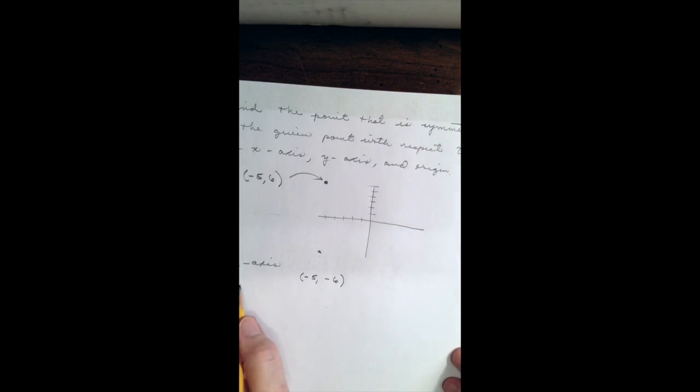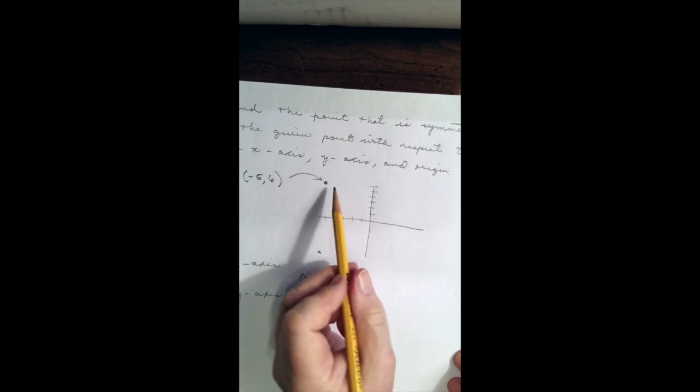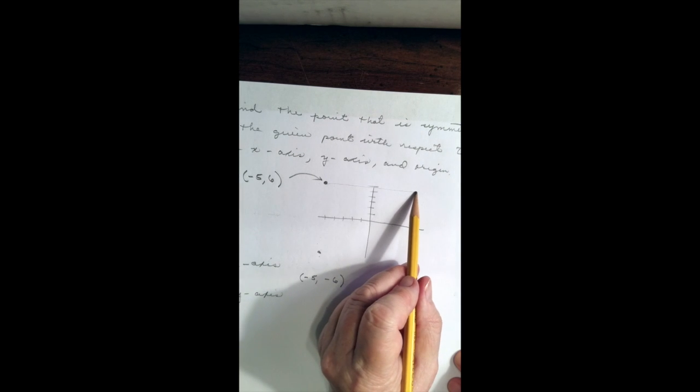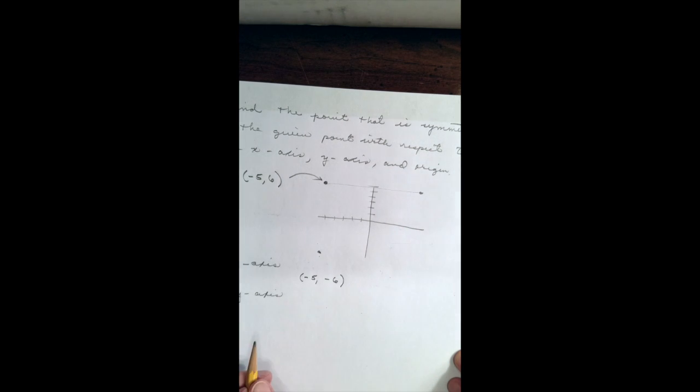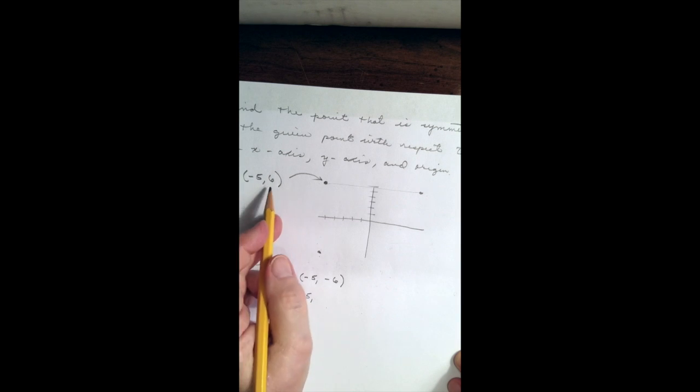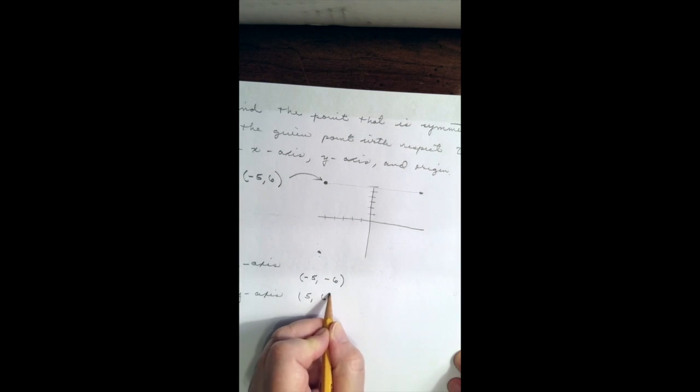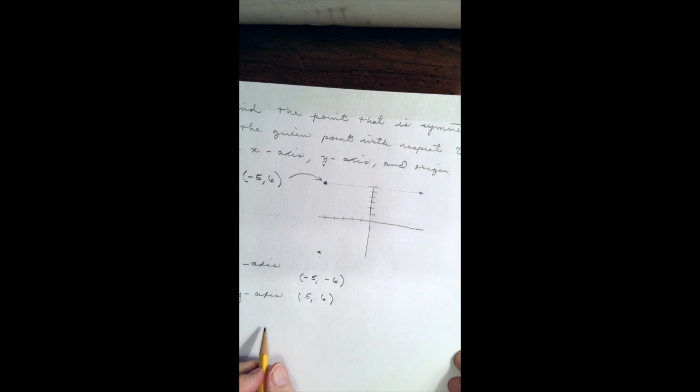And then if we want the point that's symmetric to our original point with respect to the y-axis, we'll find that point opposite, equidistant, opposite the y-axis. And then what are the coordinates of that point? Well, instead of -5, it would be 5, but it will have the same y value, so 5, 6.